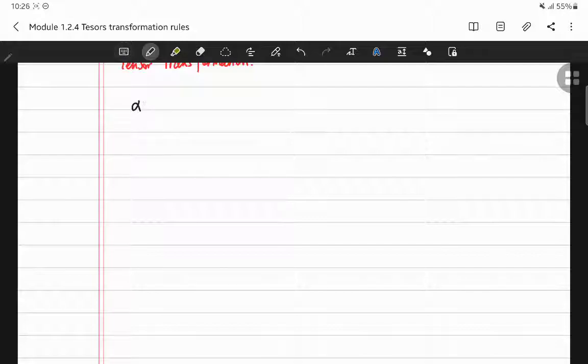And if we transform this alpha from an unprimed coordinate system to a primed coordinate system, it remains as it is. So alpha prime is equal to alpha, where alpha prime denotes the primed coordinate, and the unprimed variable here denotes the initial or unprimed coordinate system. So this is the transformation rule for a zero order tensor.